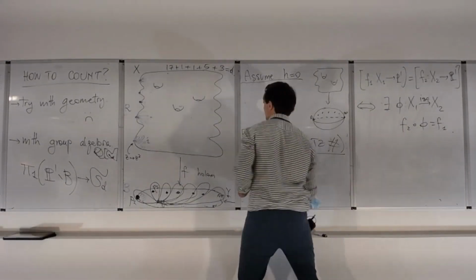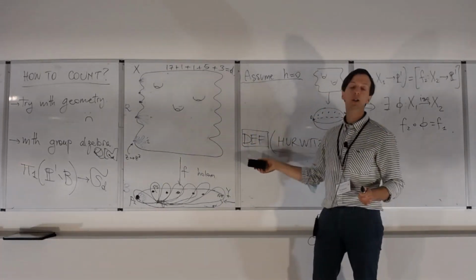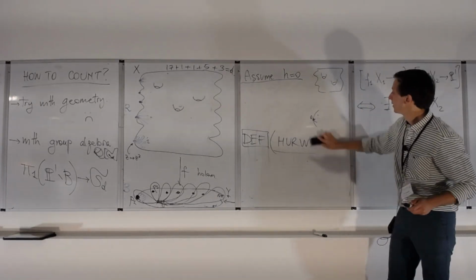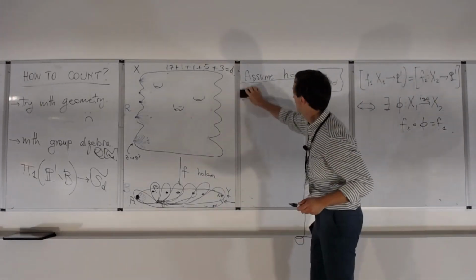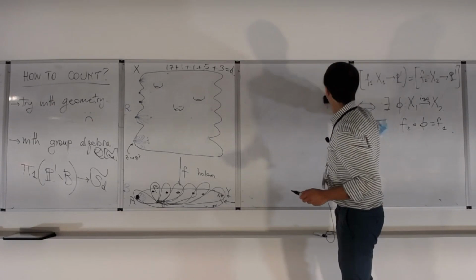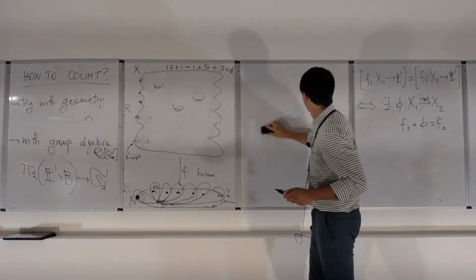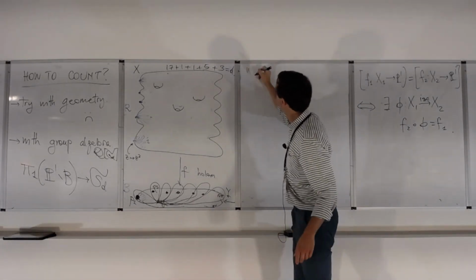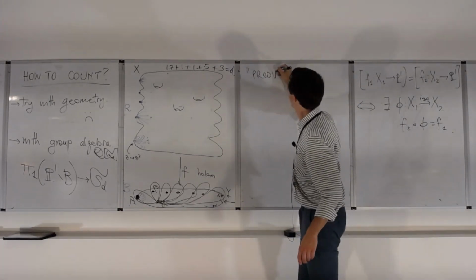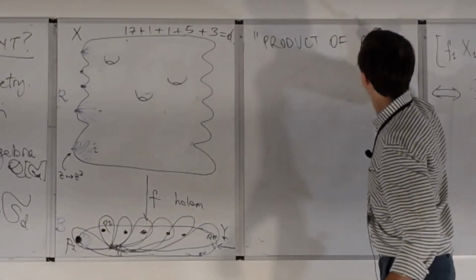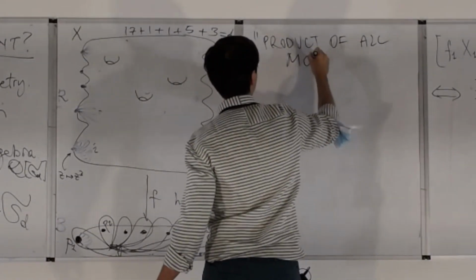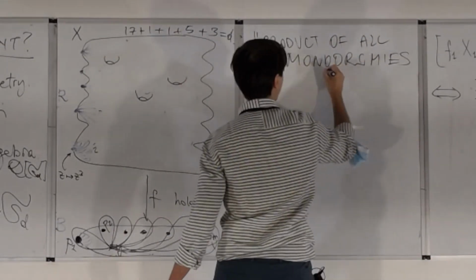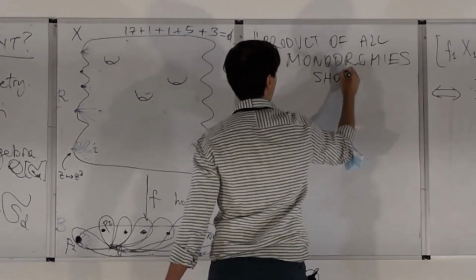Which means basically that if you take the product of all the monodromies, that should be trivial. Naively.